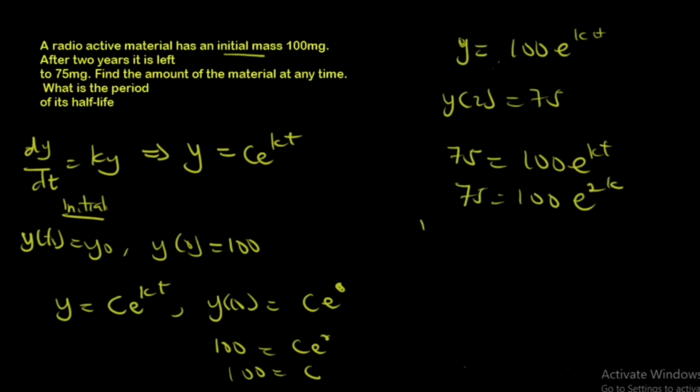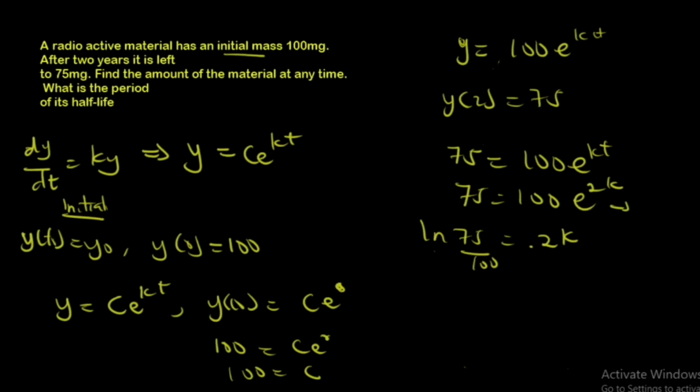Then here we find that 75 over 100 is equal to e^(2k). We take the natural log (ln) of both sides, and the ln will cancel the e.